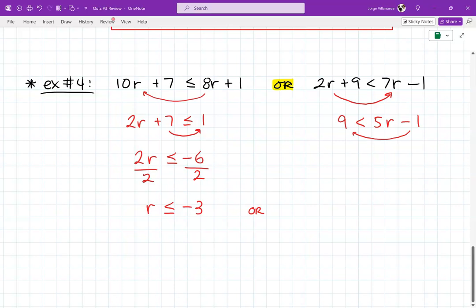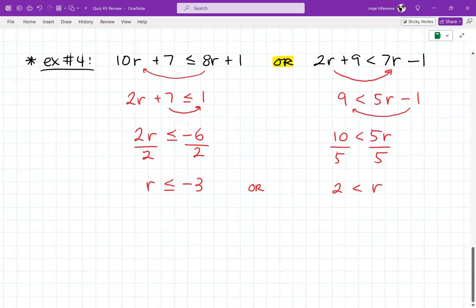That becomes a plus. That's 10 less than 5R. I kind of like this problem because one of them's going to look normal. The other's going to have the letters on the wrong side, right? And that's okay. And then I'm going to divide both sides by 5. So that's going to give me a 2 less than R. So I need a number line that includes a negative 3 and a 2. Okay, so I'll do that really quick.